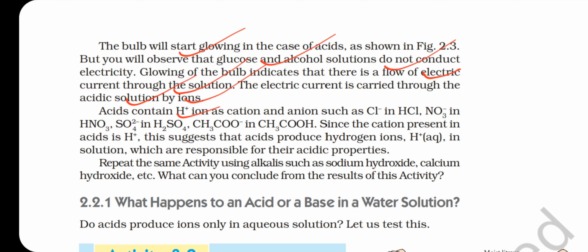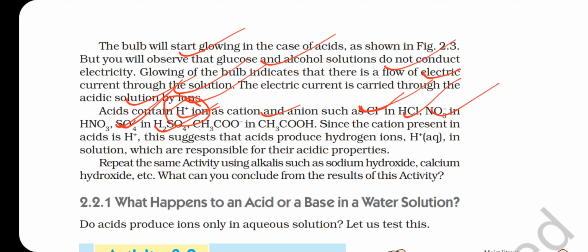Acids contain H+ ion as the cation, and an anion such as Cl- in HCl. Nitric acid, HNO3, contains NO3- as the anion, and the H+ ion is common to all acids.